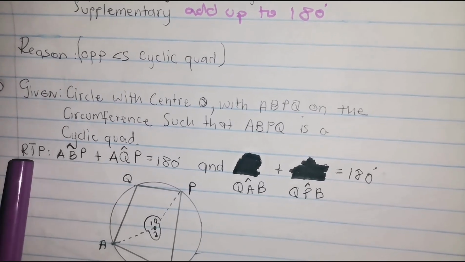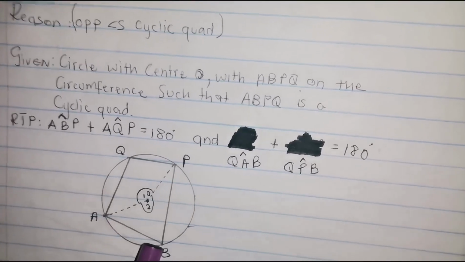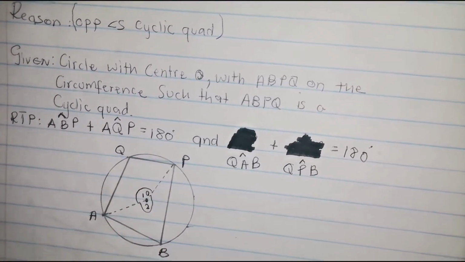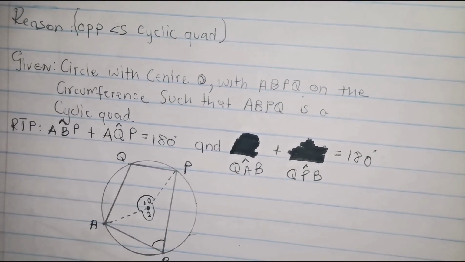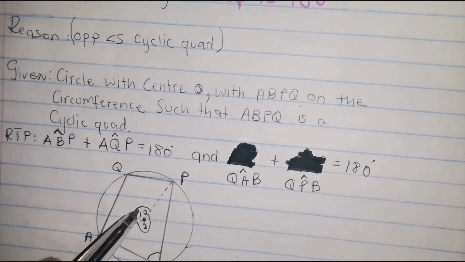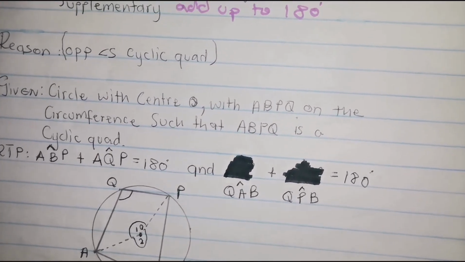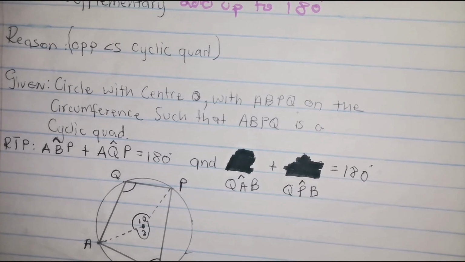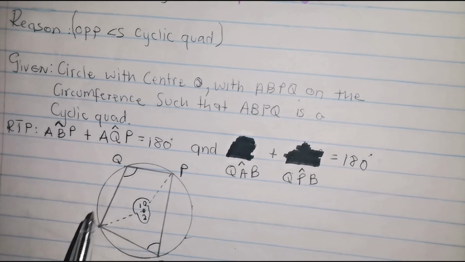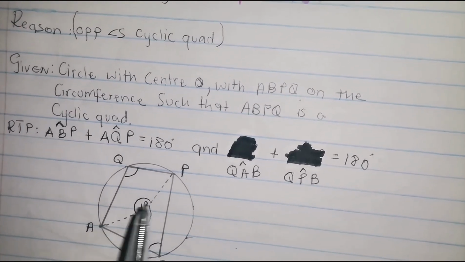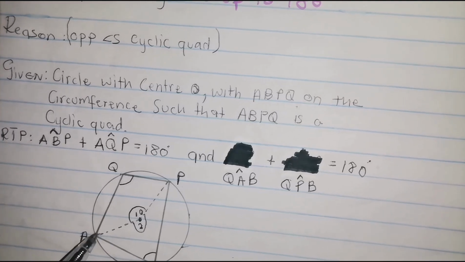So we are required to prove that angle ABP plus angle AQP, these two opposite angles, are supplementary, or add up to 180 degrees, and angle QAB plus angle QPB are also supplementary.